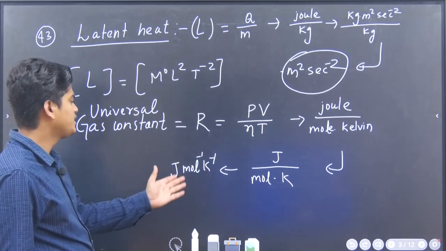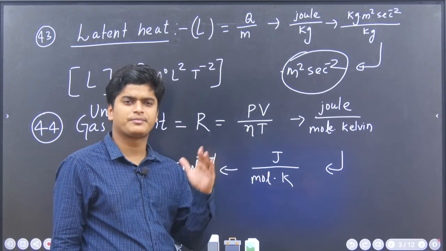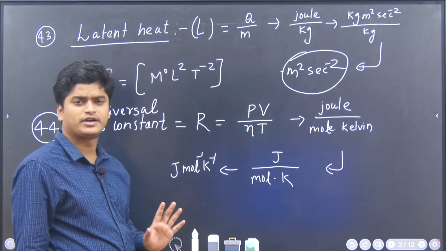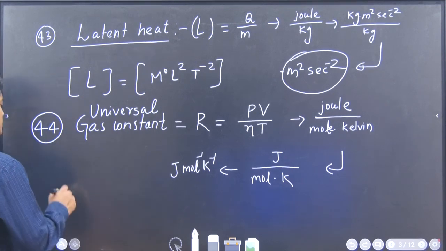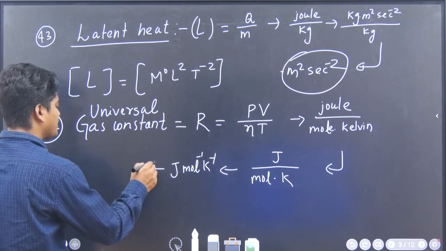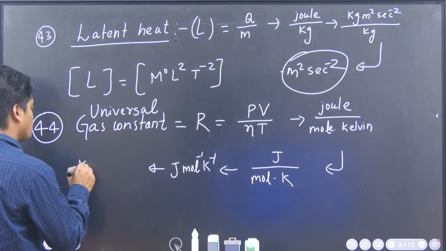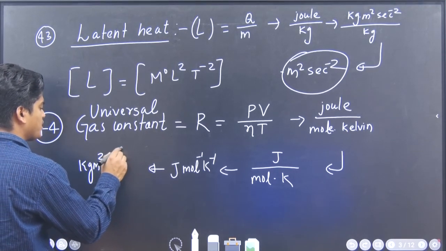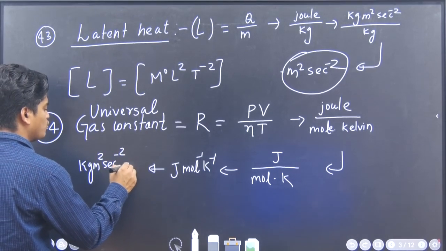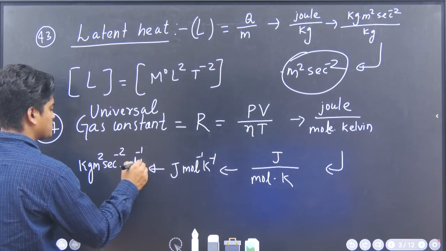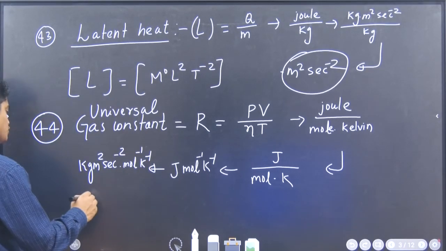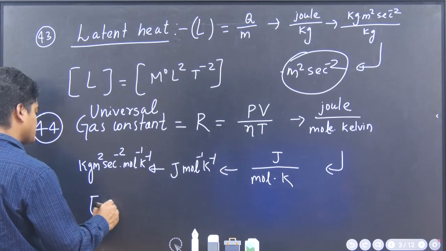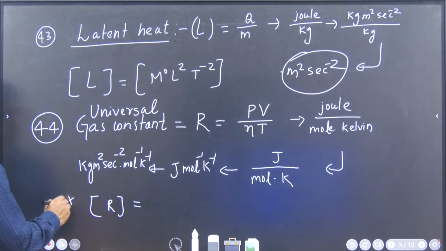In this SI unit you can take its value as 25 by 3 or 8.314 like that. And if I want to write the dimension, then definitely I need to convert joule as kg meter square second to the power minus 2, into mole inverse Kelvin inverse. Now if I want to write the dimension of this gas constant R, how much will come here?